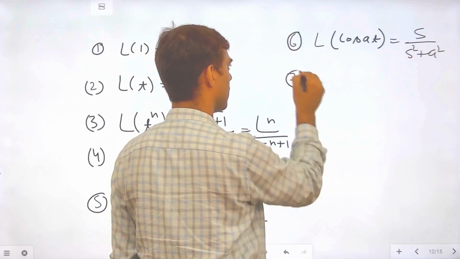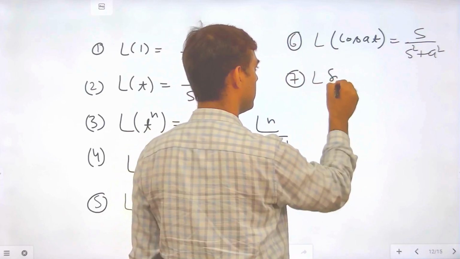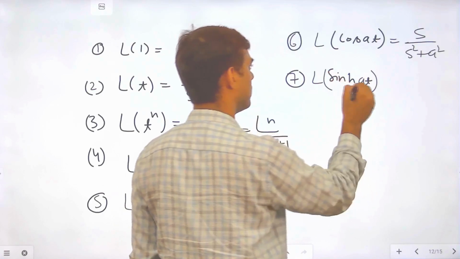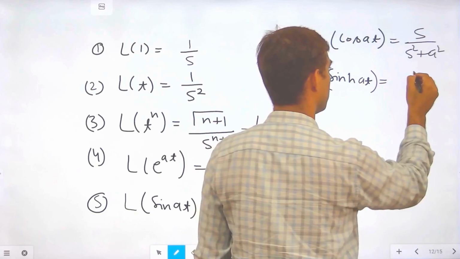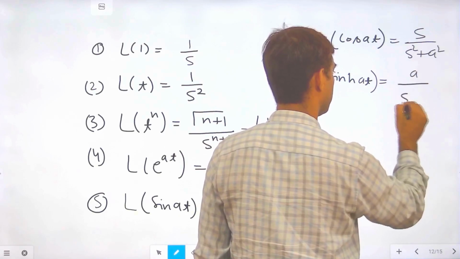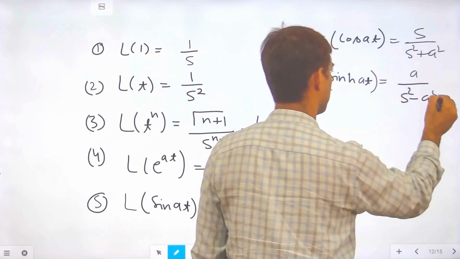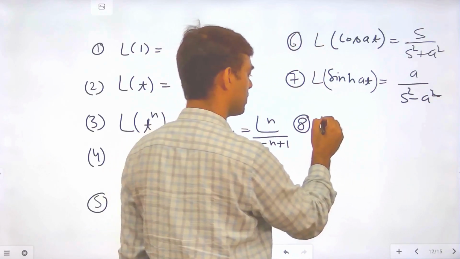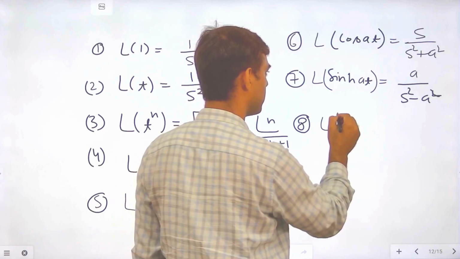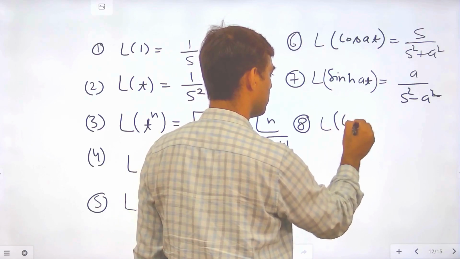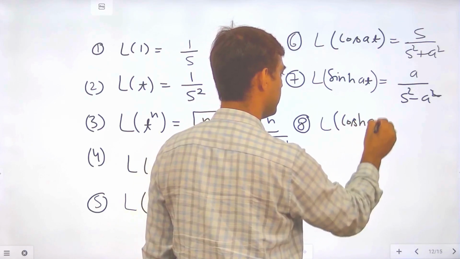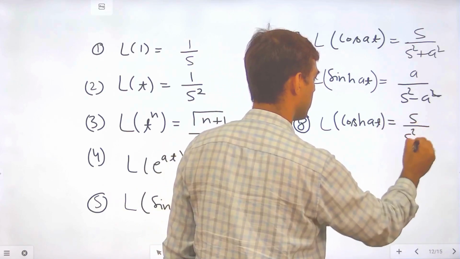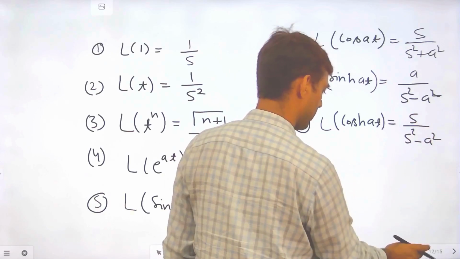Seventh, the Laplace transform of sine hyperbolic at equals a upon s square minus a square. And the eighth elementary function, cos hyperbolic at, equals s upon s square minus a square.